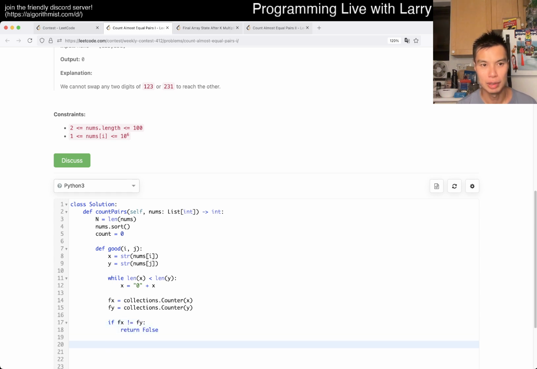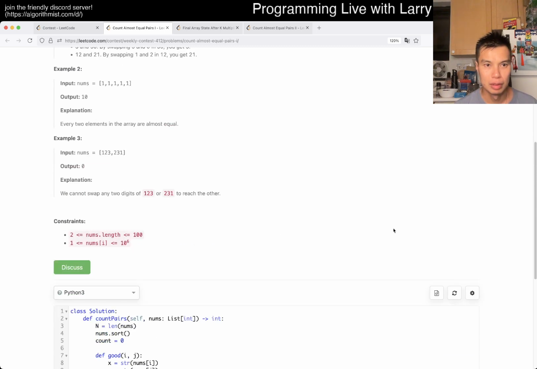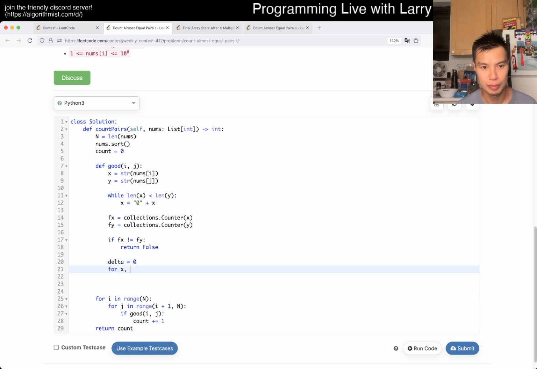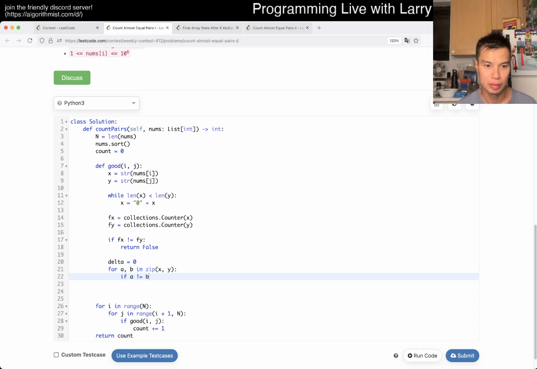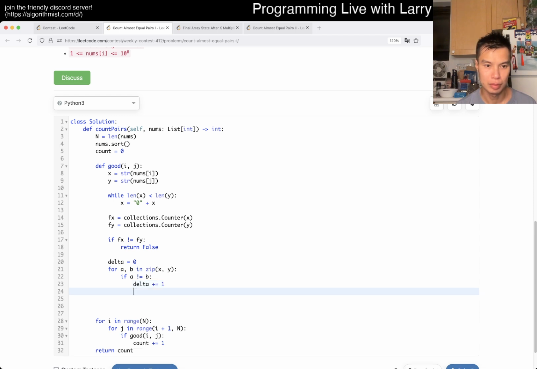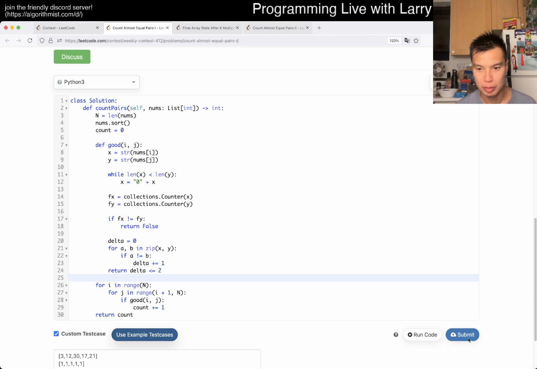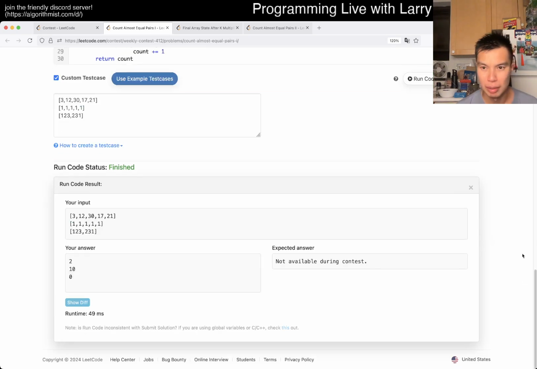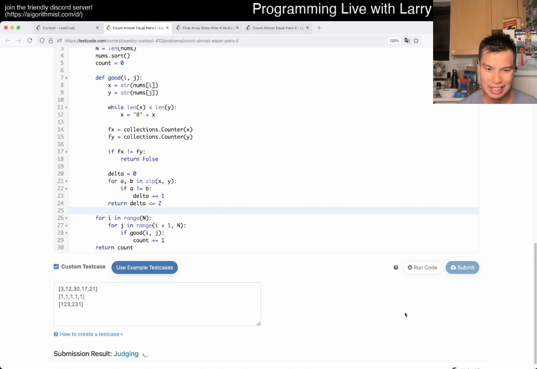Okay, so that means they're the same key. So they have at most 2 differences, right? Two, 10, 0. Am I good? I hope so. Okay.